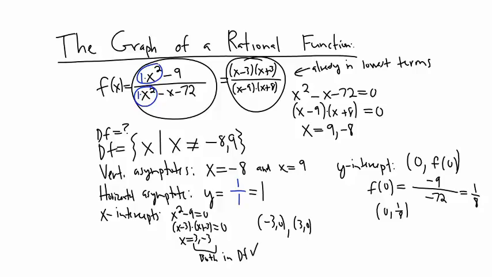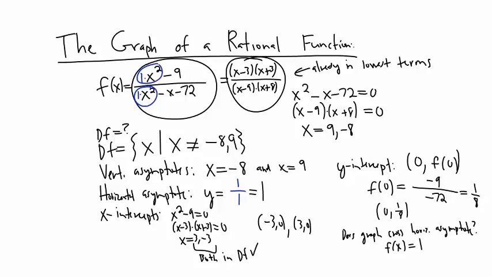And finally, does the graph cross the horizontal asymptote? To do this, we set f of x equal to 1, because the horizontal asymptote is at the line y equals 1.